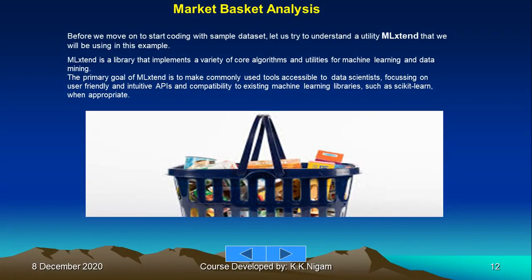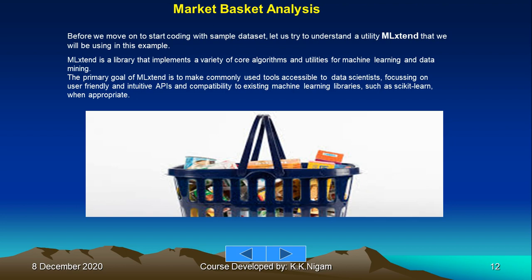So before we move on to start coding with the sample data set, let's try to understand a utility called MLxtend. This utility is very useful, particularly in market basket analysis, and we are going to use it as an example. We actually will be using it when we go for the exercises.